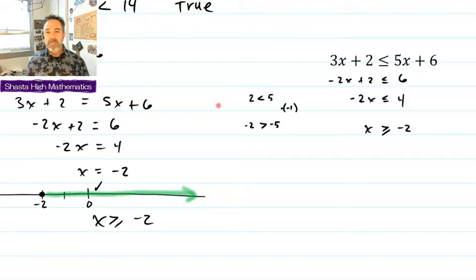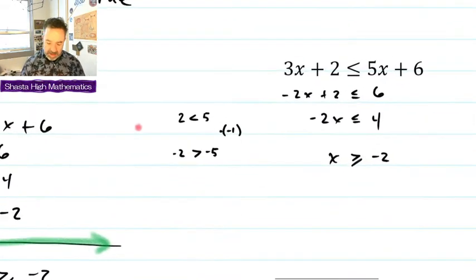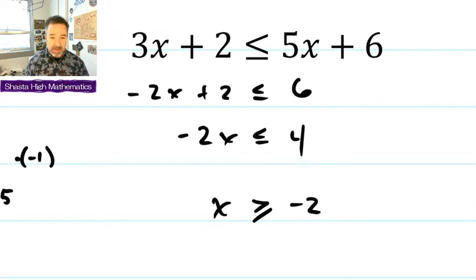So both methods are fine. I want to encourage you that even once you get an answer like this, let me pick a number bigger than -2 and just check it. So if I pick a value that's bigger than -2, like 0, and check it, it should make the original inequality true. If it doesn't, there's an issue.